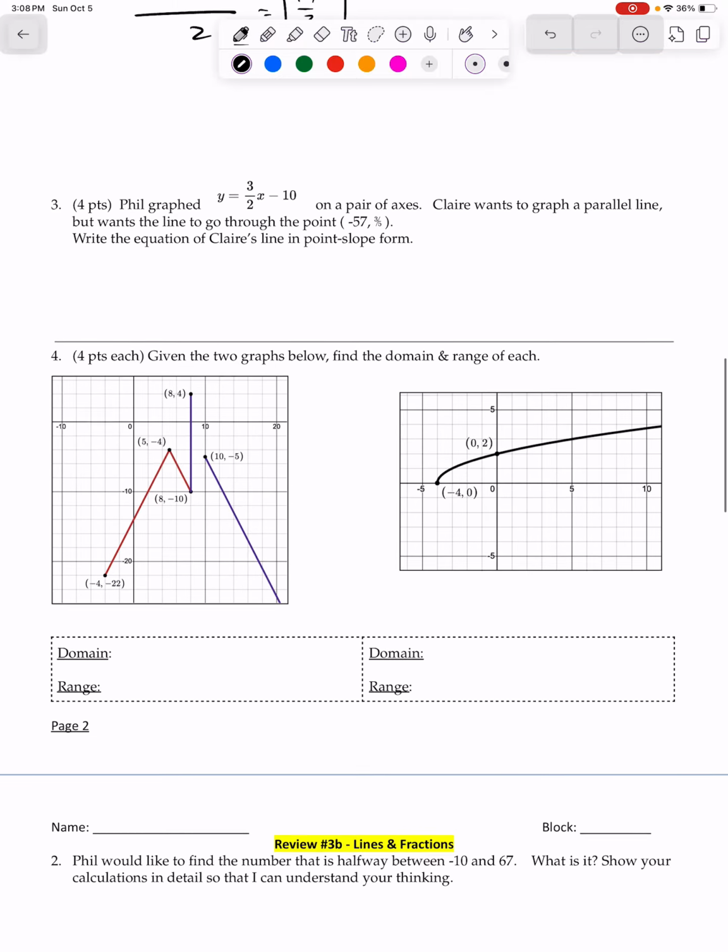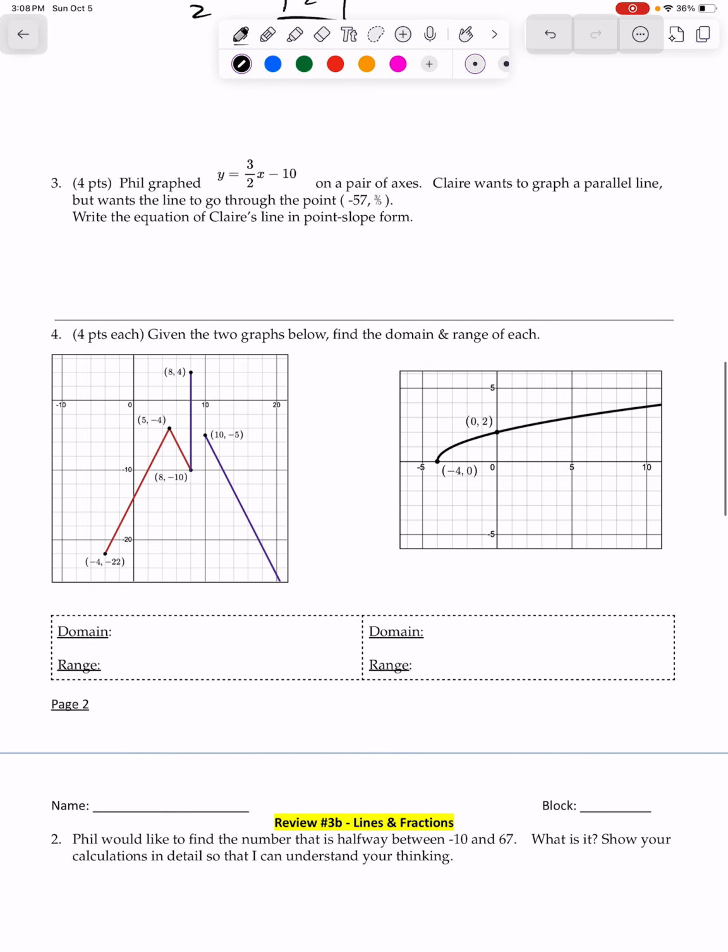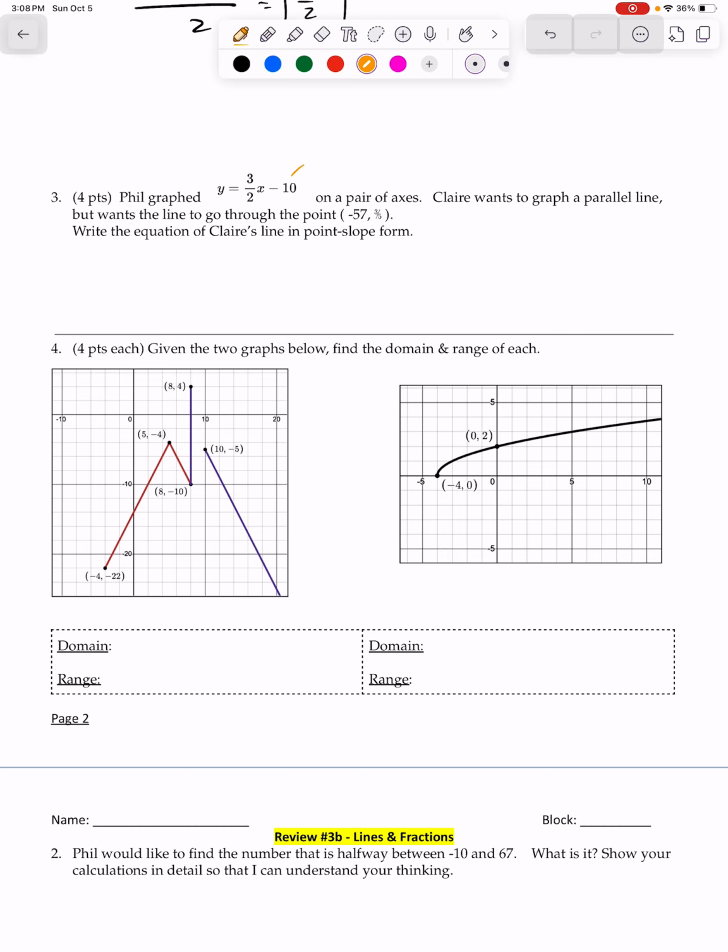And Phil graphed this on a pair of axes. Well, we know that this is the intercept. Be more specific, the y-intercept. And this is the slope. And when we say parallel line, it means they have the same slope. So I can use point slope form.